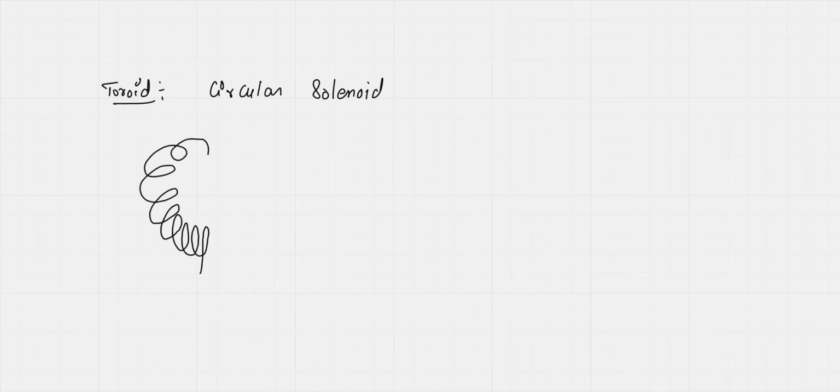Let's talk about an ideal toroid. A toroid is basically a circular solenoid. What we need to do is just start from anywhere, maybe like this. This kind of structure.